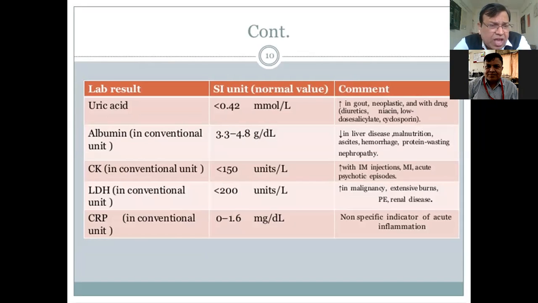That is an accumulation of uric acid in a joint, which occurs normally in older patients. In the case of gout, the uric acid level is increased, and when you are taking treatment for cancer, or taking neoplastic drugs, that also may increase your uric acid concentration in the body.